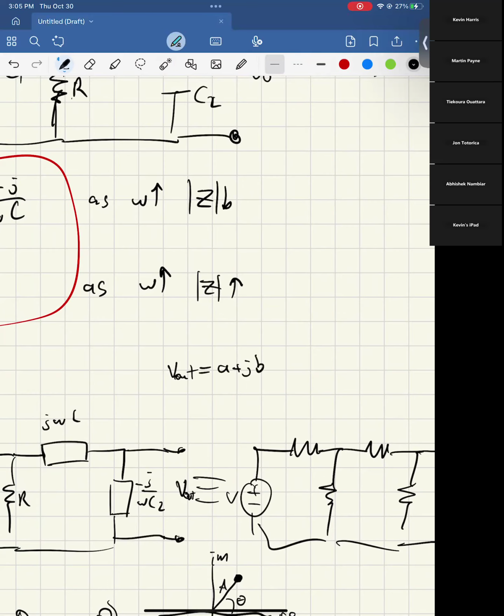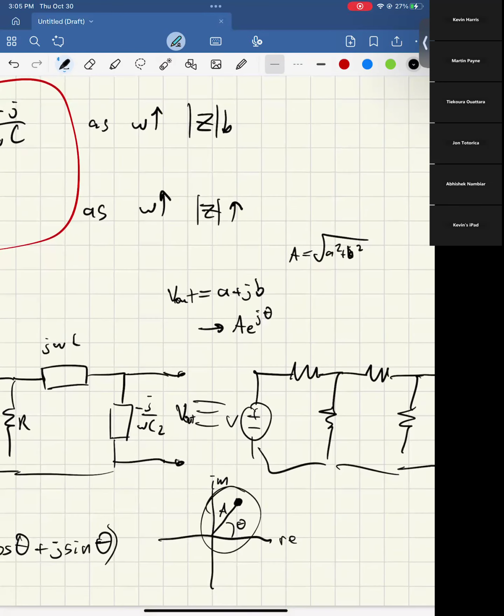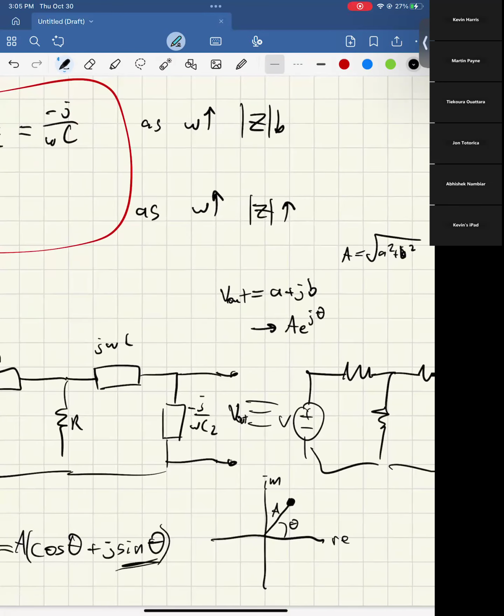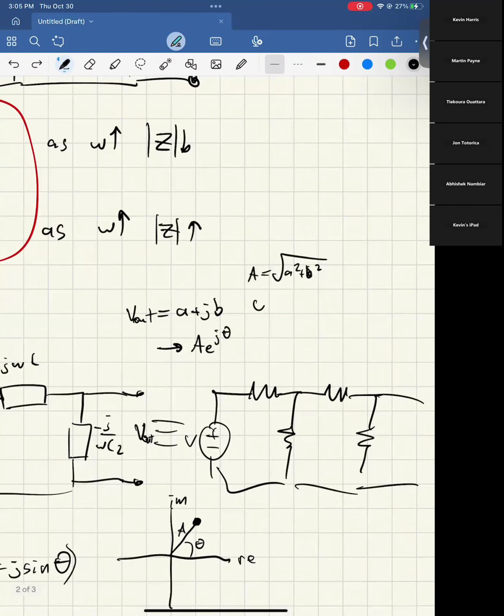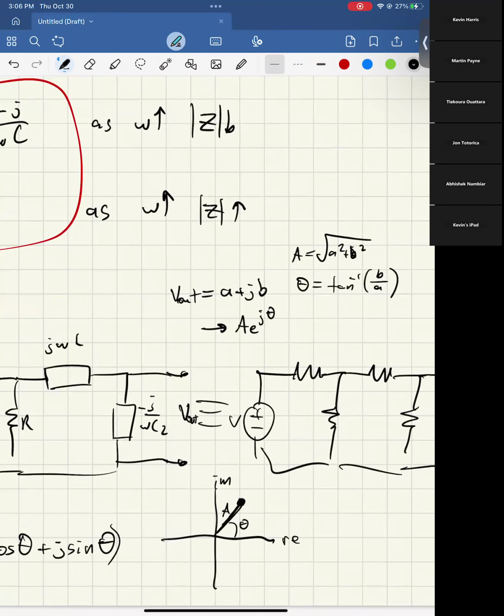Then you can convert that back into A e to the j theta form, where A is going to be the square root of a squared plus b squared. If you think about this down here, that makes sense because it's like sine and cosine squared, the Pythagorean theorem. Hopefully you understand what I'm saying. And then theta is going to be the inverse tangent of b over a. Again, it's like trigonometry. You got it.